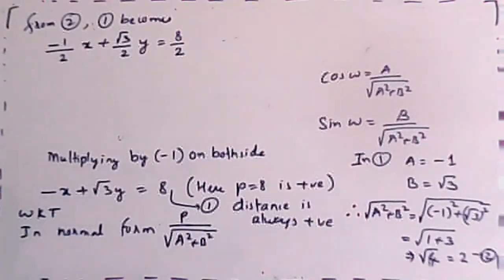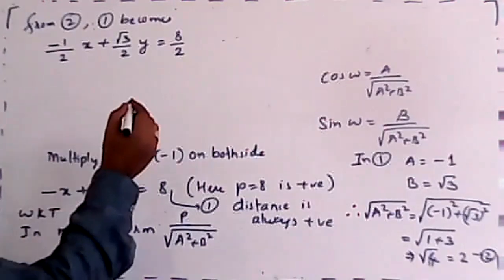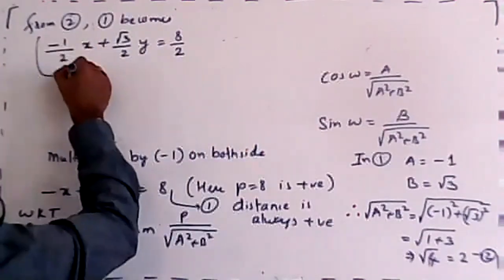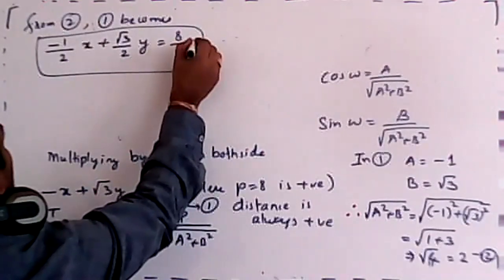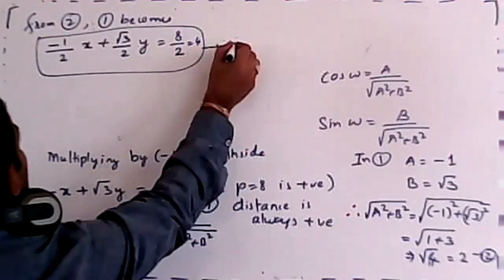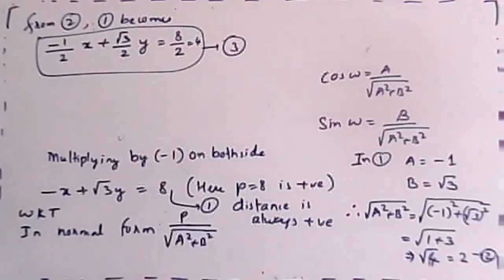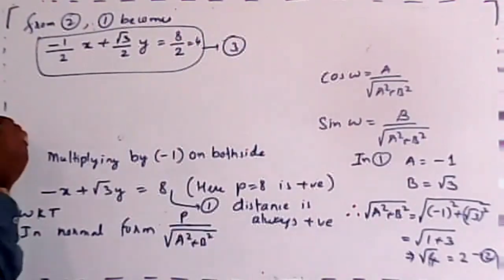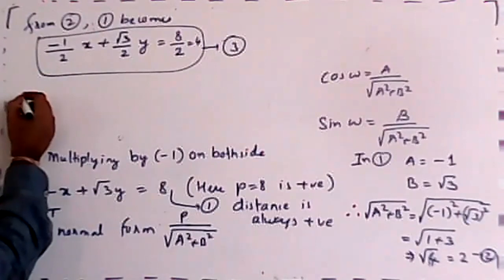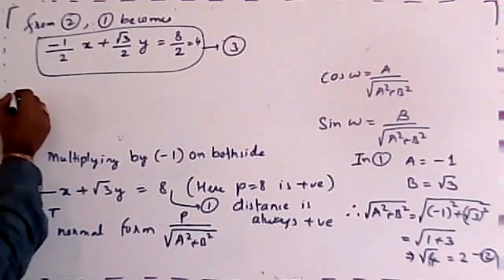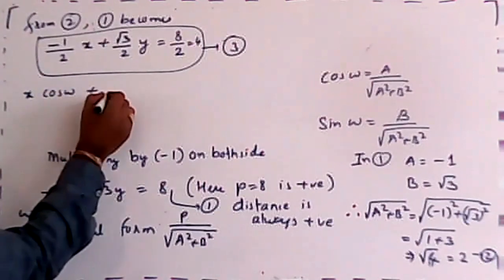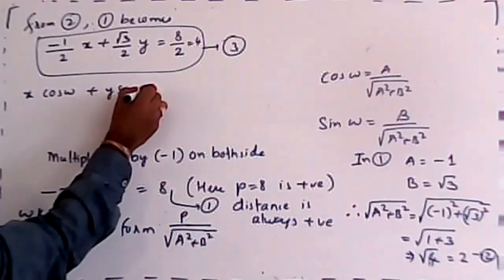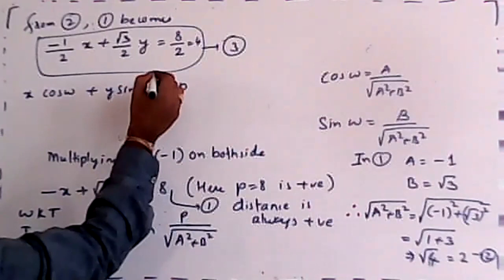See. Let me call this number 3. This is the exact equation. Nothing but 8 by 2, which is 4. Let me call this 3. Here it is clear that now we can write x cos omega plus y sin omega is equal to p.